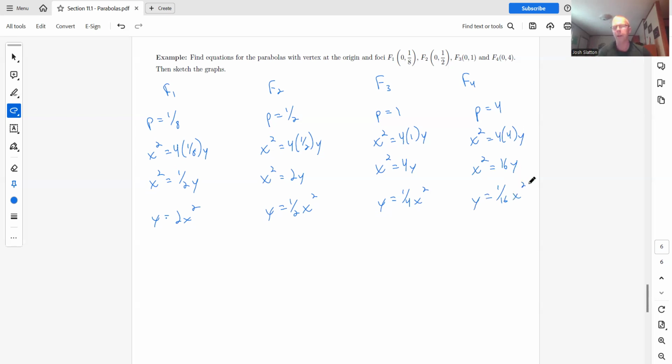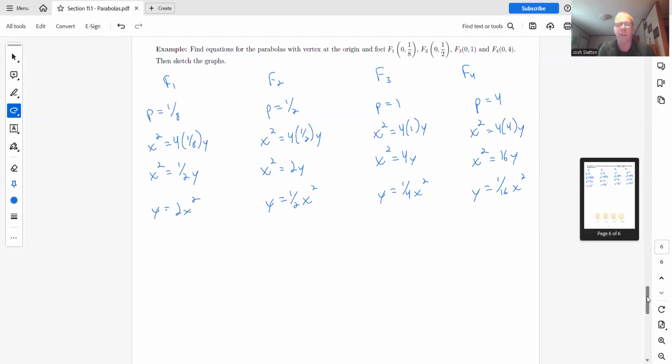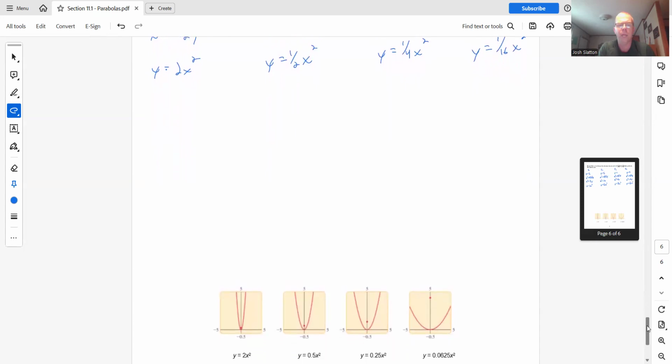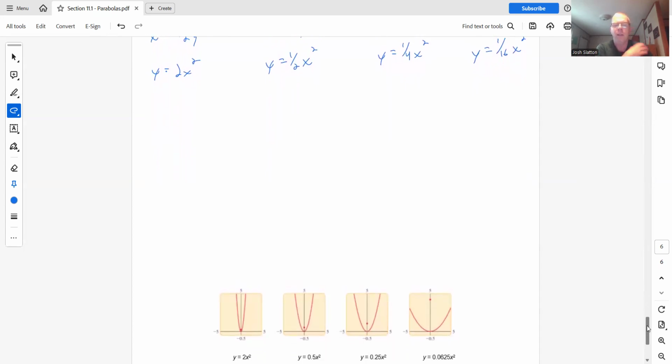Now, I kind of went through that fast, but there's nothing too involved there. Given the p, just plug it into the formula and there you go. But let's look at the graph of each of these. So we have the graph down here. What you can see is that these get wider as we go.